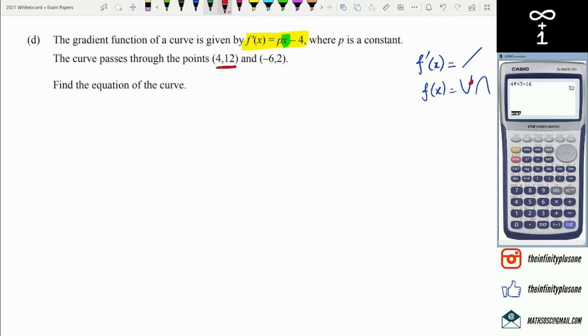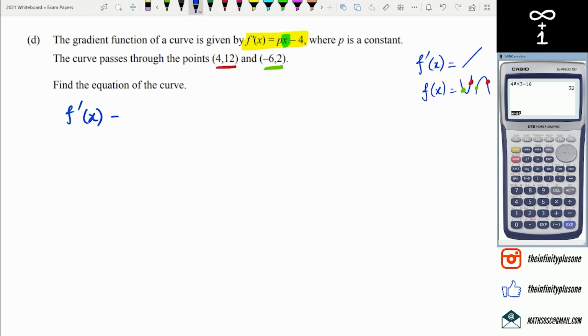And my second point, which is negative 6, 2, might be there. This is just sketching it out to get an idea. From this, I can see that my final answer is going to be a parabola, so it's going to be a quadratic. That much I know. So the first step is I need to integrate f dash of x.